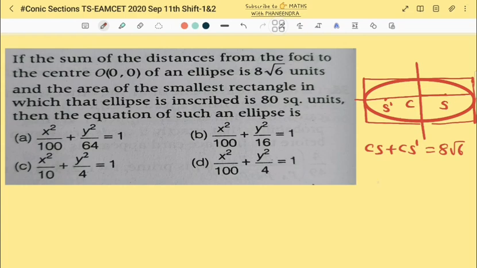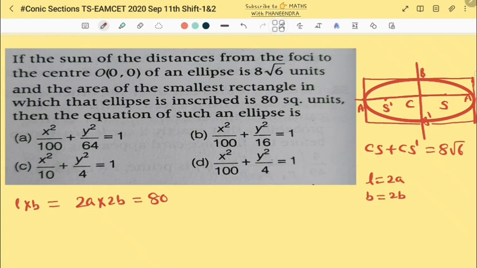The area of the rectangle is given. So from here to here it is A dash, A dash. This is B dash. So L into B, L is equal to 2A and B is equal to 2B. So according to that, L into B is equal to 2A into 2B, which is 80 square units, length into breadth.